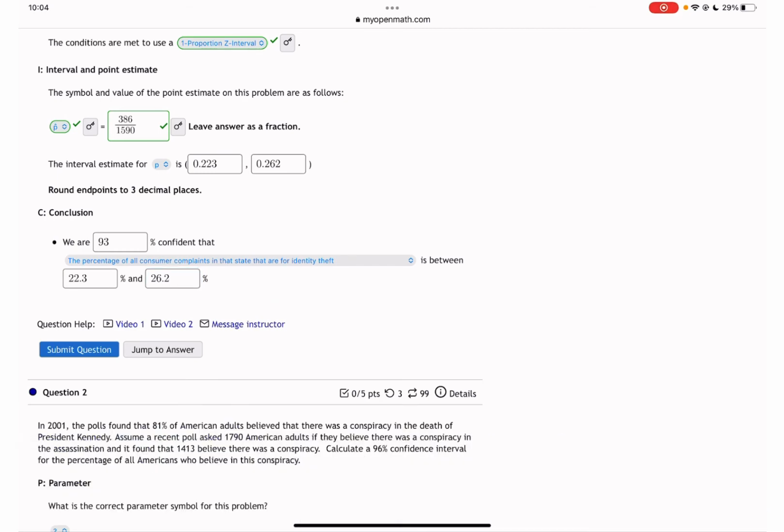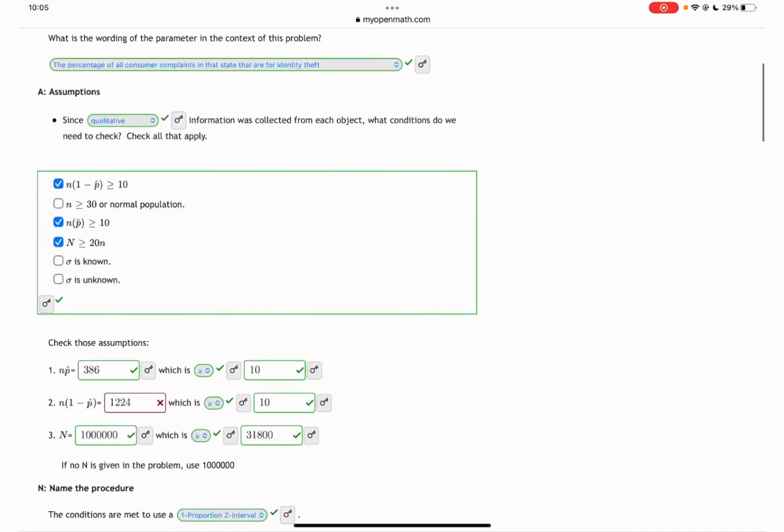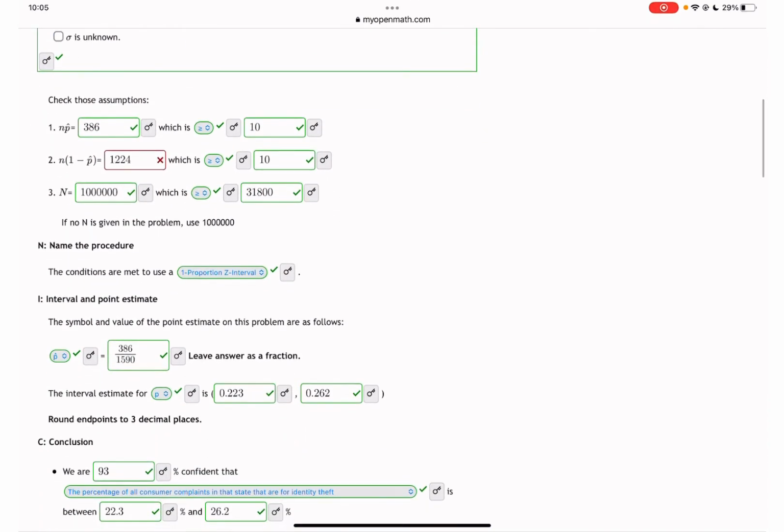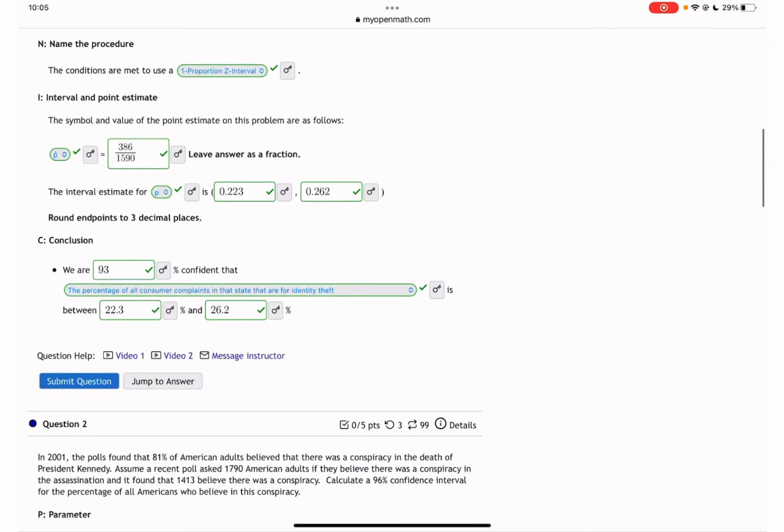We represent it in the format of percentage. Let's submit. See what we have here. Oh, this one, okay, everything is correct. All is good.